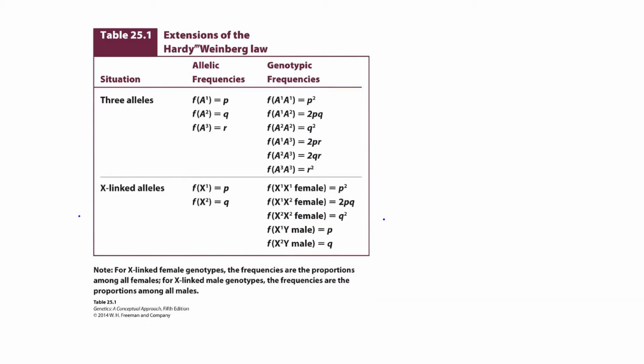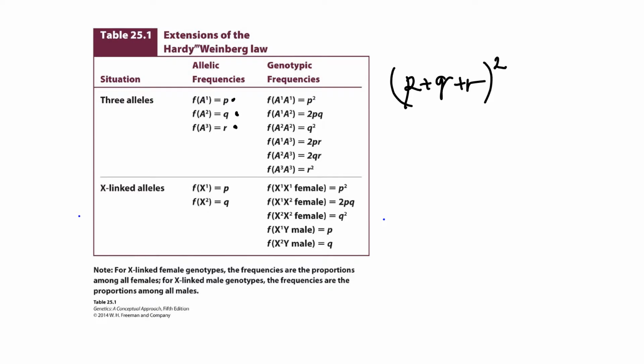So the Hardy-Weinberg expected proportion of the genotypic frequency can also be calculated if there are multiple alleles in the locus, and also when it comes to X-linked alleles. So let's consider that you have a locus with three different alleles, so two alleles can be selected out of the three: A1, A2, and A3. If you know frequencies, let's label the frequencies of A1, A2, and A3 as P, Q, and R. So we can also calculate genotypic frequencies for these three alleles by the formula (P plus Q plus R) squared.